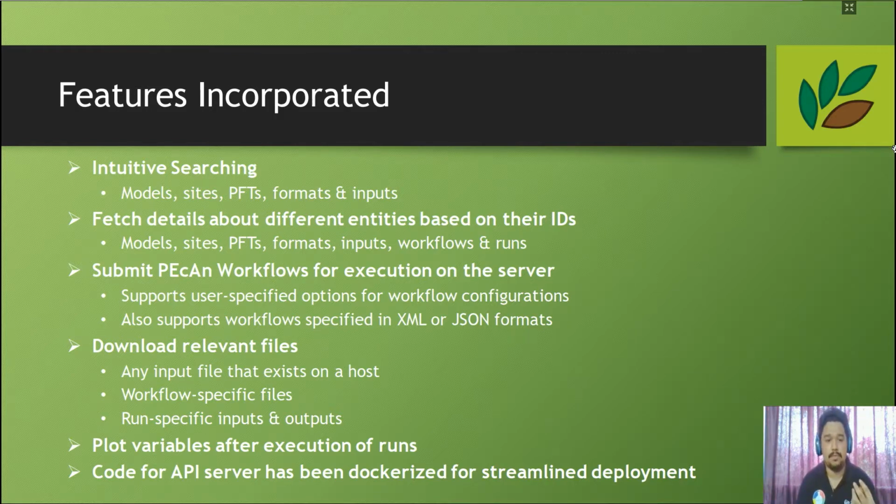Before actually submitting something known as a workflow, the user should be able to search for the right parameters to input into the workflow. So we enable intuitive searching based on simple substring matching. And once a user finds some relevant information, they can get more information about these entities based on their IDs. These details can also be fetched for PEcAn workflows and runs.